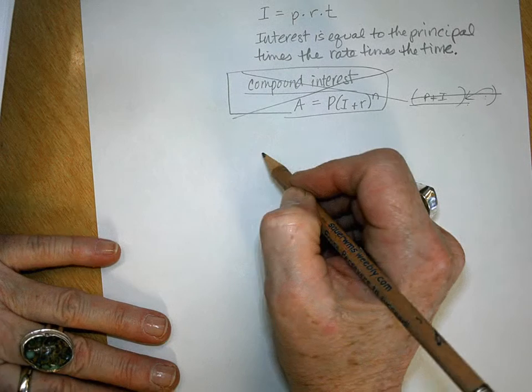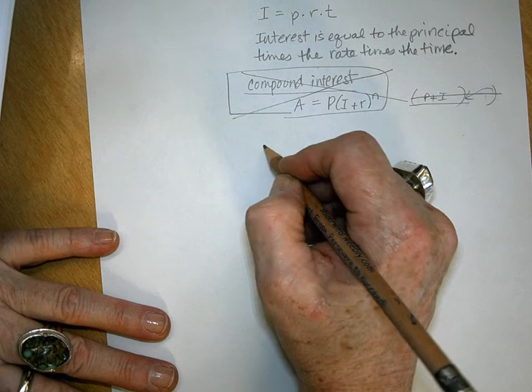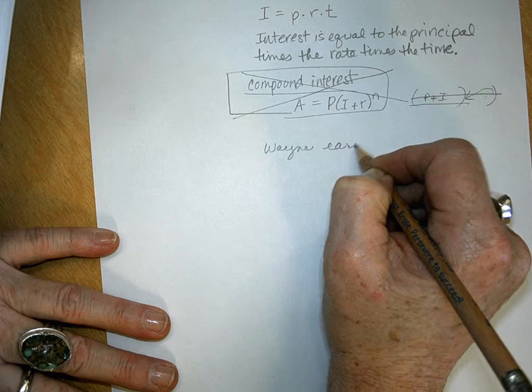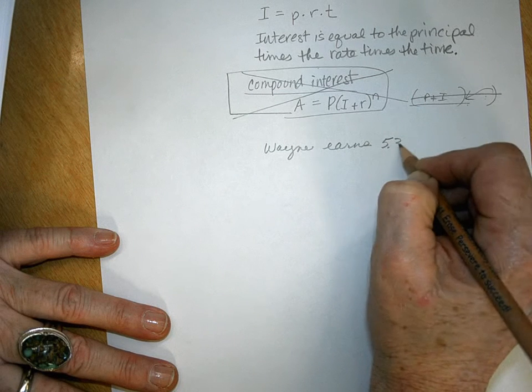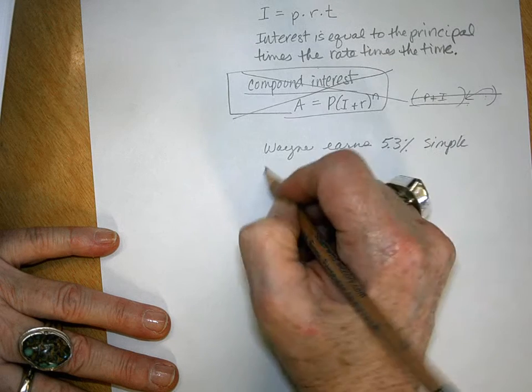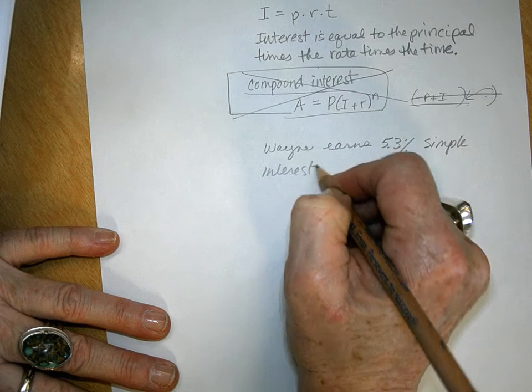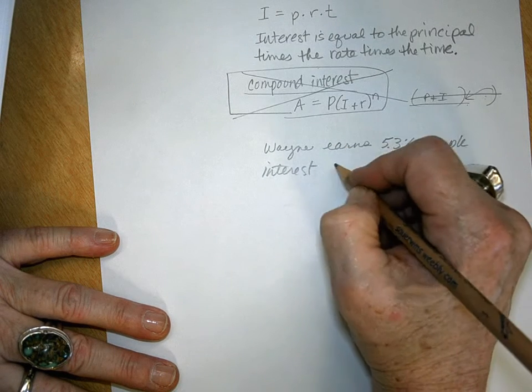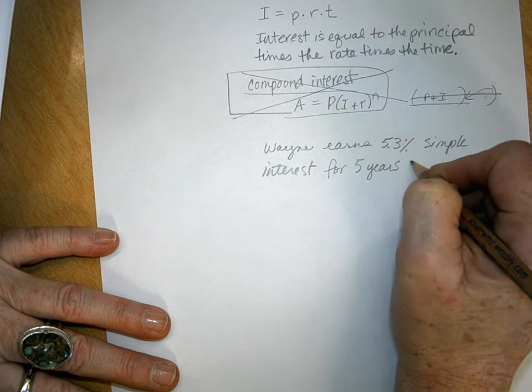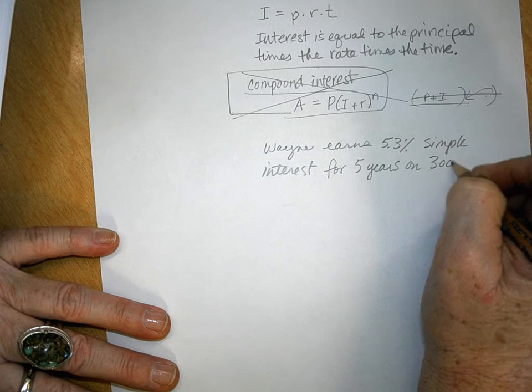So we might have a problem something like this. Wayne earns 5.3% simple interest for 5 years on $3,000.